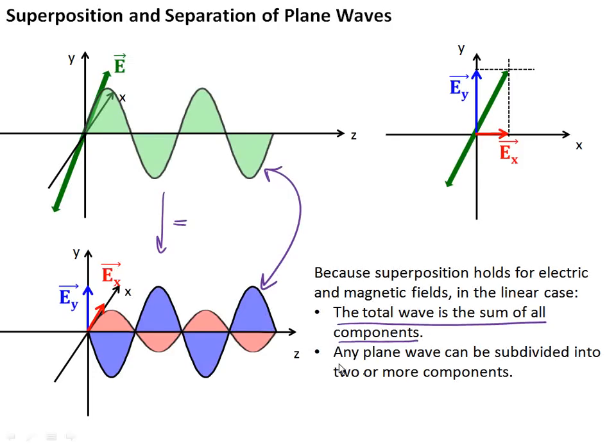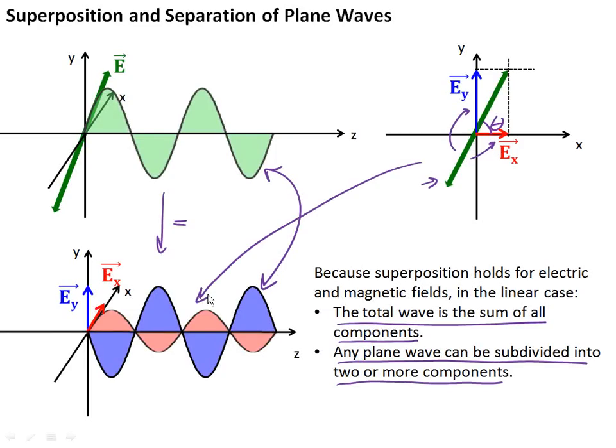We can also take any plane wave, no matter what direction the electric field is, and subdivide it into two or more different components. And that's what allowed us to take this green field that's pointing in the xy direction, so at some maybe angle theta to the x-axis here, and represent it as a sum of an x component plus a y component, as shown down in this diagram down here.